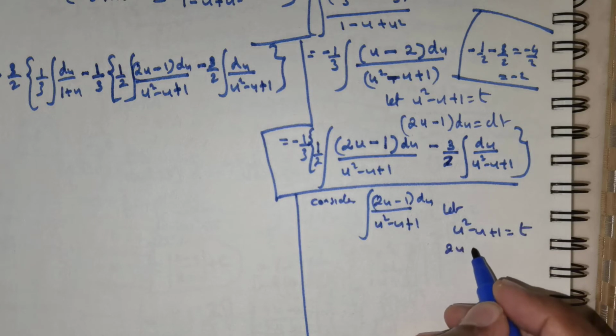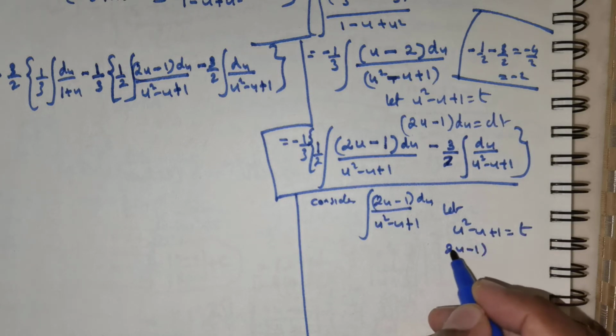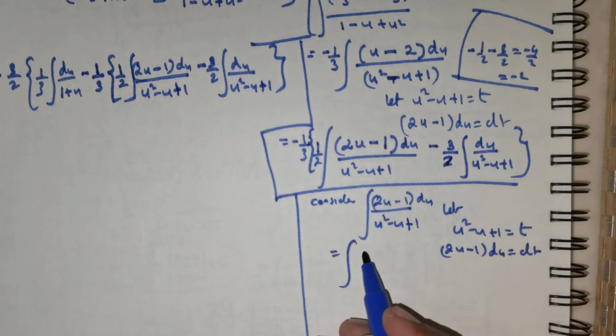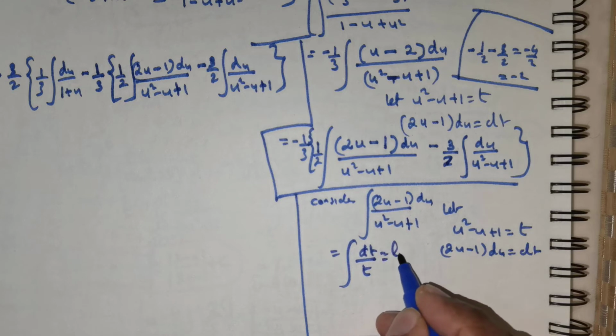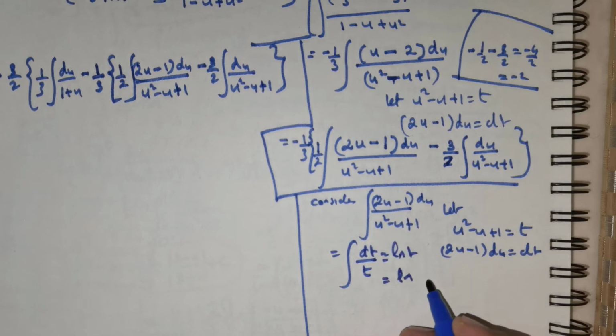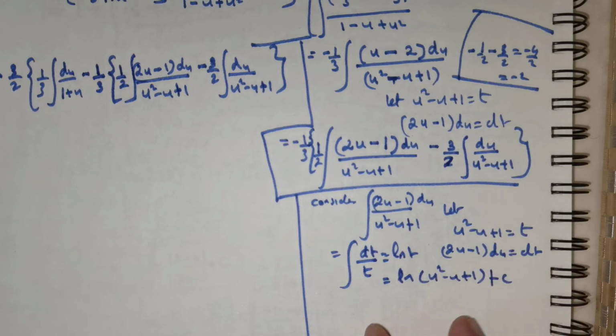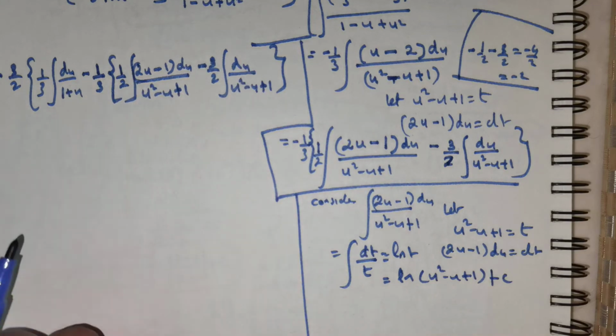I differentiate, I get 2 times u negative 1 times du is equal to dt. So this is going to be integral dt over t, which is equal to ln t, which is equal to ln of u squared negative u positive 1 with the arbitrary constant. So this is for this.